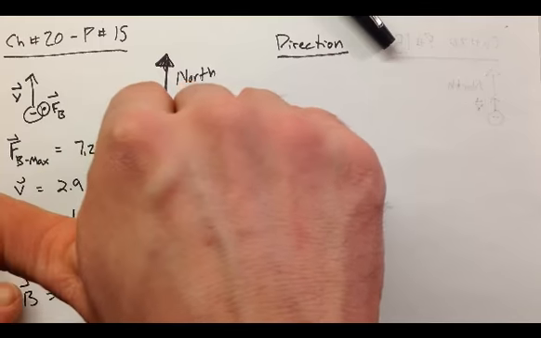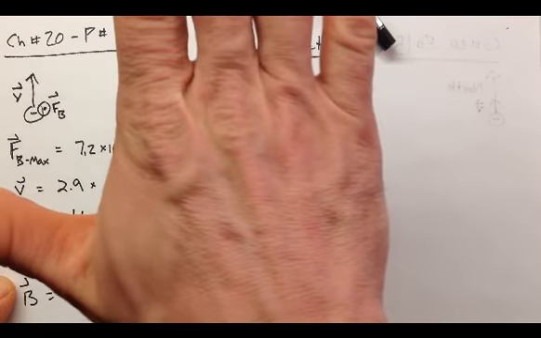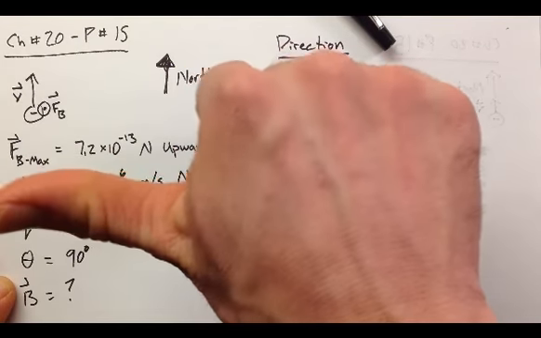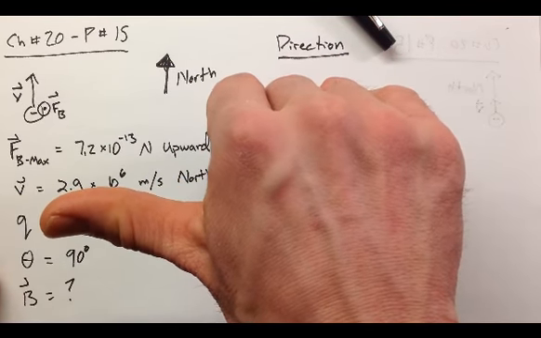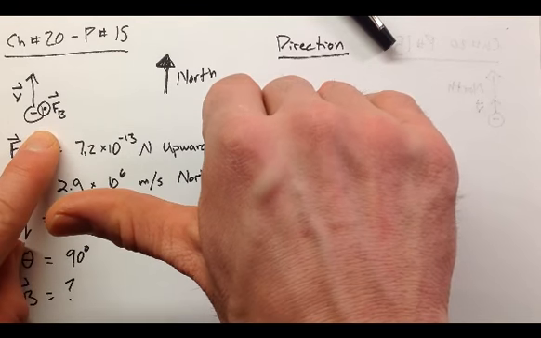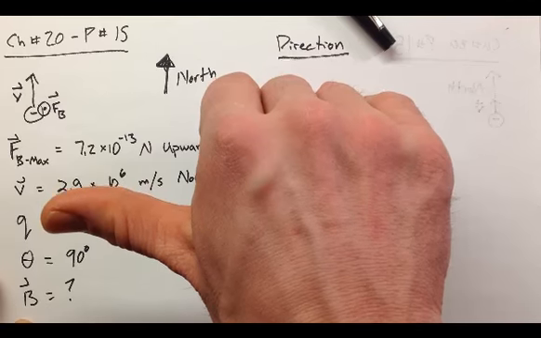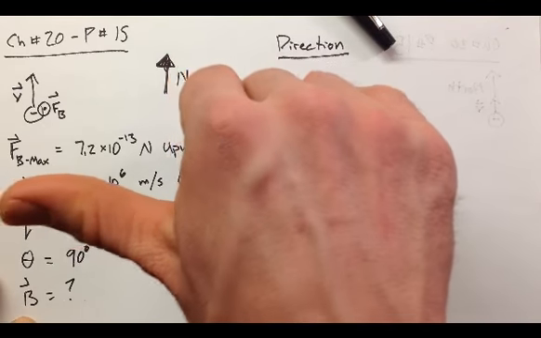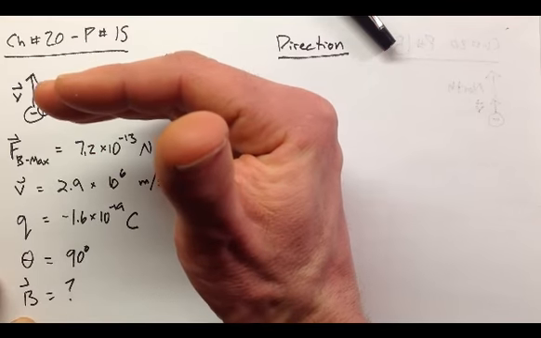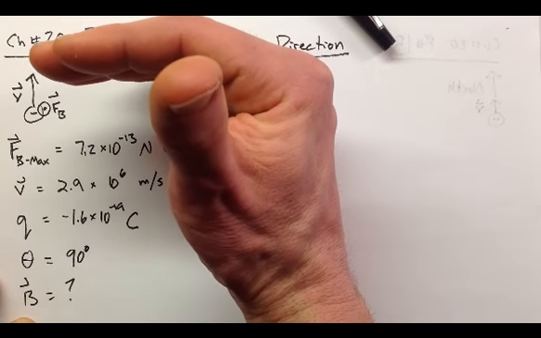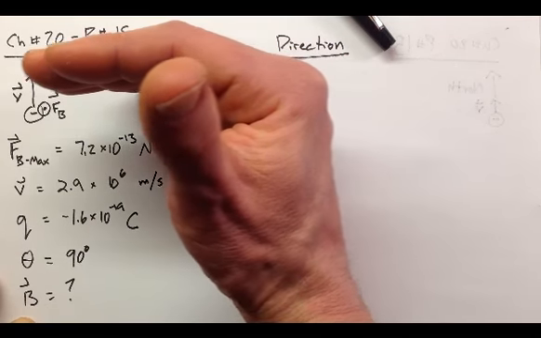Now we don't know what direction that is, but let's just say it was down. I would curl my hand down, and then your thumb points in the direction of the force. Here the force is out of the page, and my thumb is pointing the other way, so the magnetic field cannot point into the page. What direction would it point? There my thumb is pointing up out of the page, so the magnetic field must point this way.